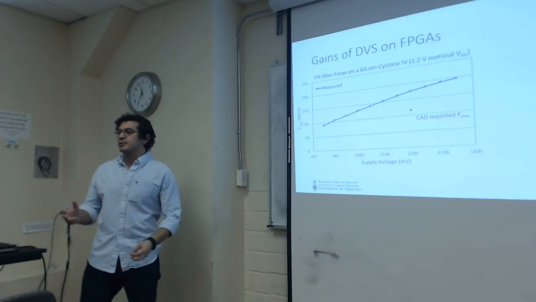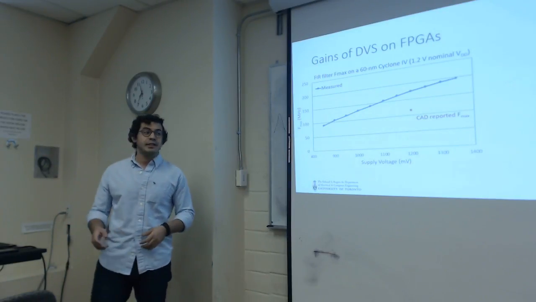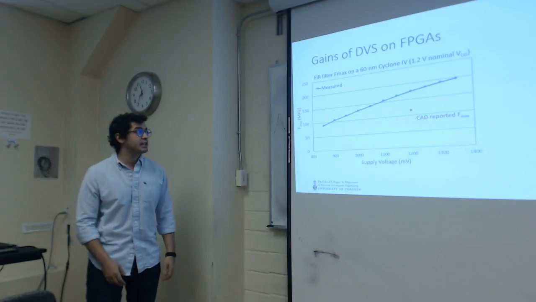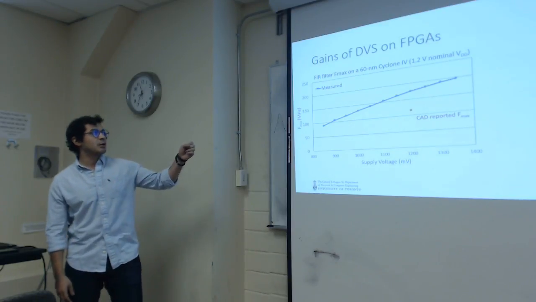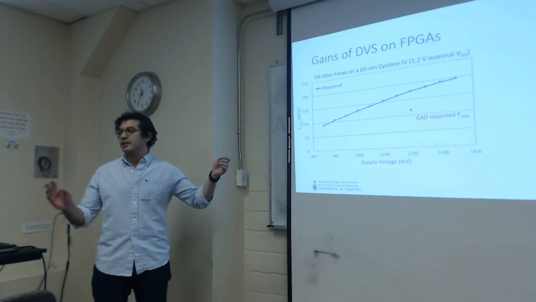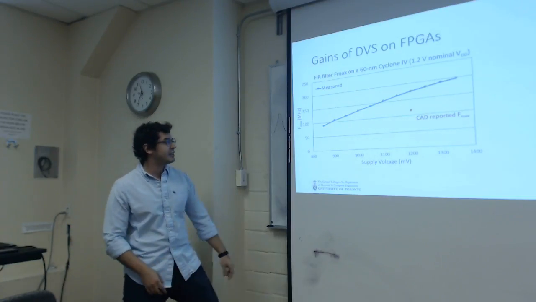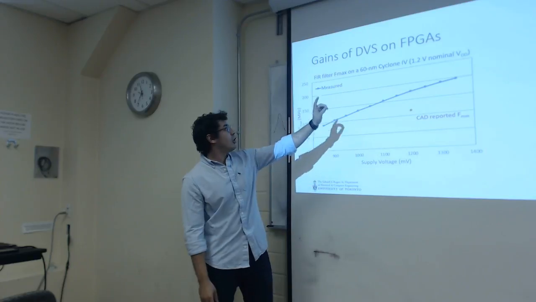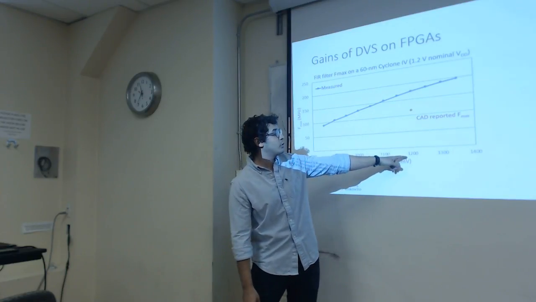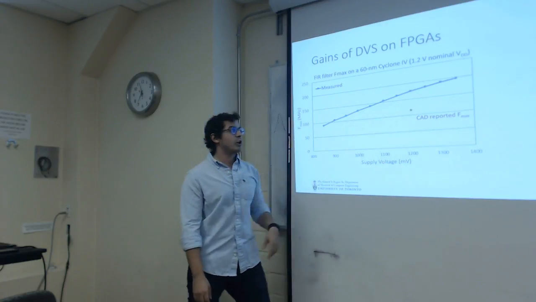To get some rough estimates on how much power we would save using a dynamic voltage scaling technique on FPGAs, we ran an experiment with a FIR filter. It's a feed-forward application. We compiled it through Quartus, and Quartus said that this design running on a Cyclone 4 with a fixed nominal voltage of 1.2 can run at 110 megahertz.